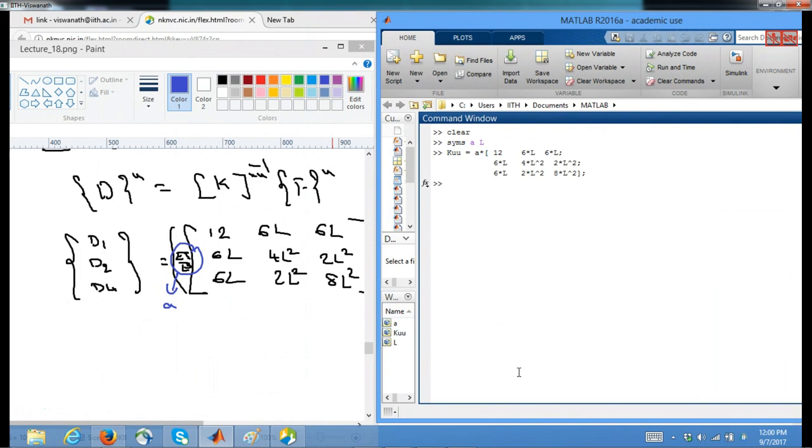So KUU is this one, okay, with EI multiplied to it.